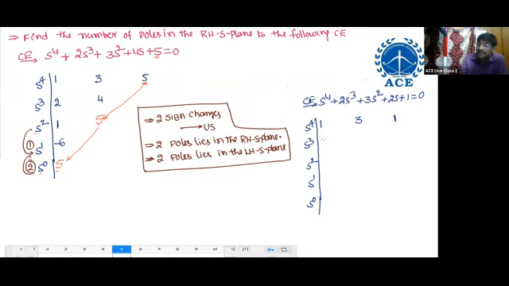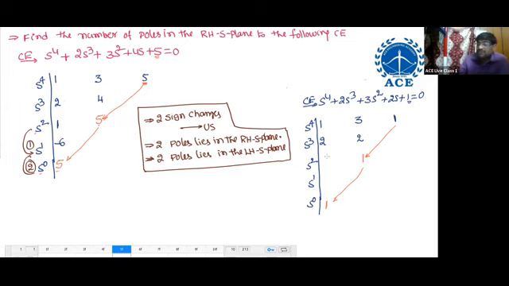Next S cube coefficient 2, next alternate 2. S power 1 also 2. Now get the answer. S power 0 coefficient is 1. Shift diagonally, leaving one row. Same procedure in all the problems, we just shift diagonally.